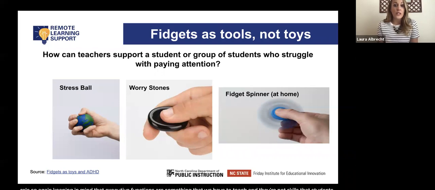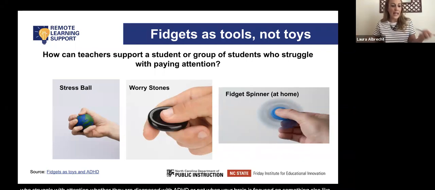So offering students while they're at home something like a stress ball or rubbing a worry stone or a fidget spinner. It sounds like most fidget spinners are banned at school, but we're at home now. So maybe they can pull out their fidget spinner, because there's actually research that shows that for students who struggle with attention, whether they are diagnosed with ADHD or not, when your brain is focused on something else, like your hands are moving, it actually enhances your brain's focus and attention on the task at hand.